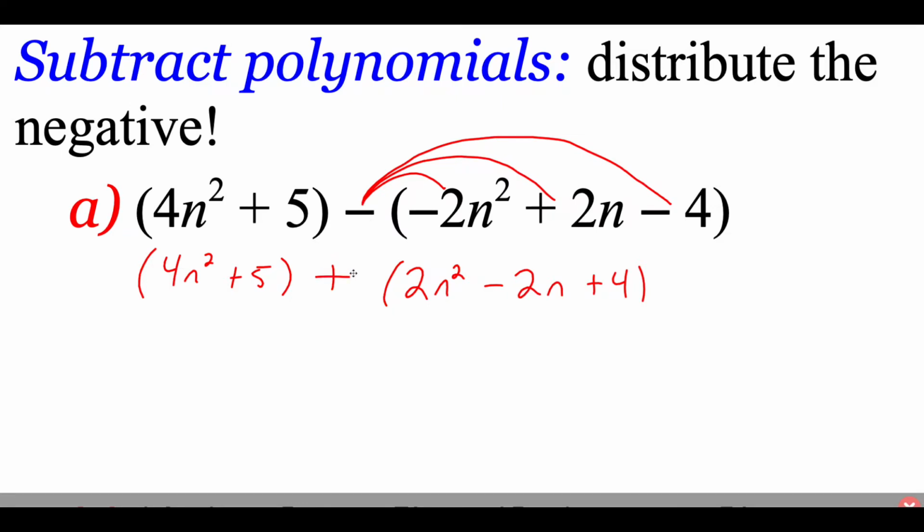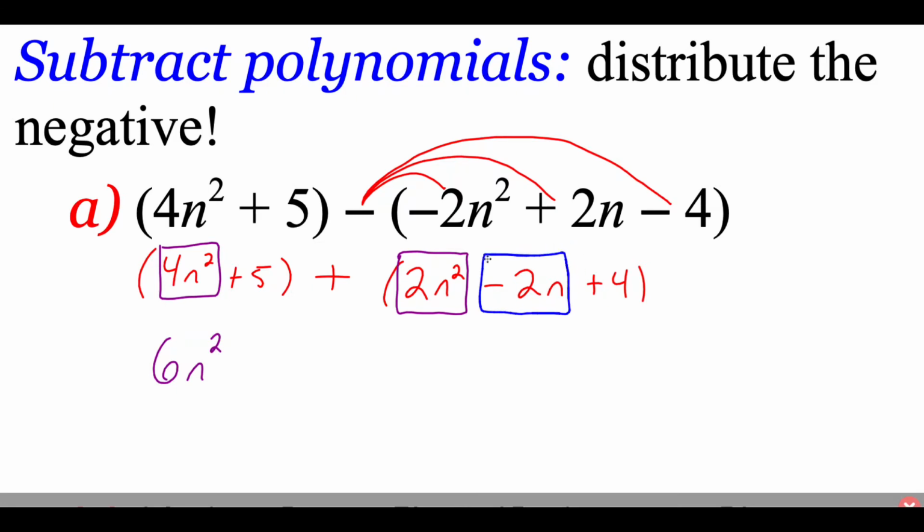So now we're doing exactly what we were doing on the previous examples and just trying to match up those like terms and add them together. So in my first polynomial, I see that we have 4n squared. And in my second polynomial, I see 2n squared. So 4n squared plus 2n squared is going to give me 6n squared. Now, my first polynomial doesn't have any n's with a first power on it, but my second polynomial does.